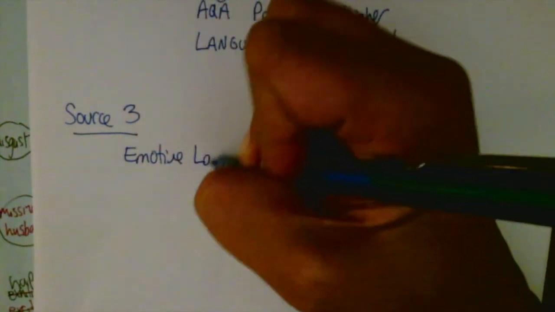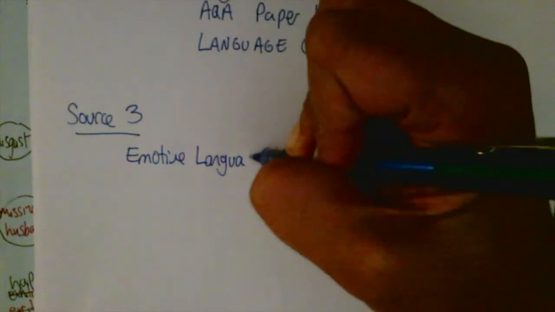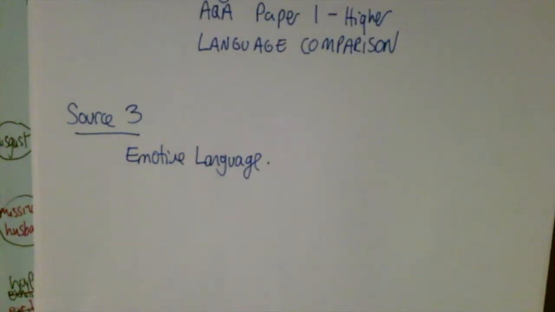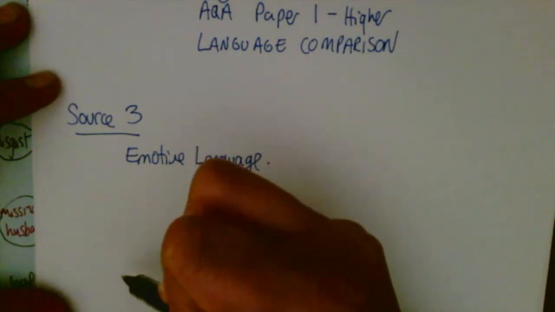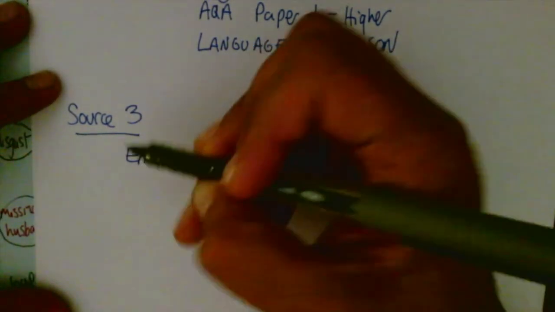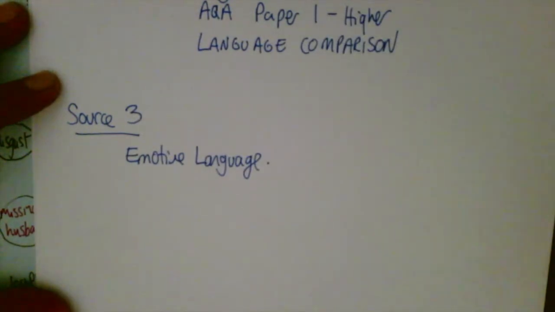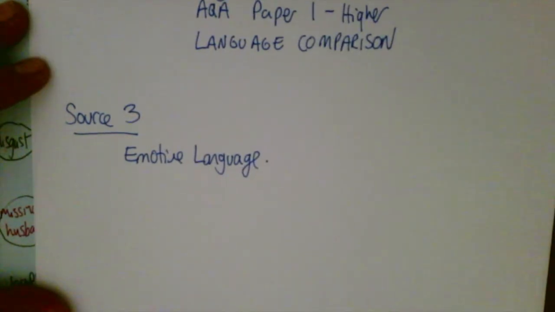So one of the things you know source 3 will always have, if you're thinking about language comparison, is emotive language. It has to, because you were just asked a question about this very thing, emotive language. The other thing we want to think about is what other types of rhetorical devices will probably be used in source 3.